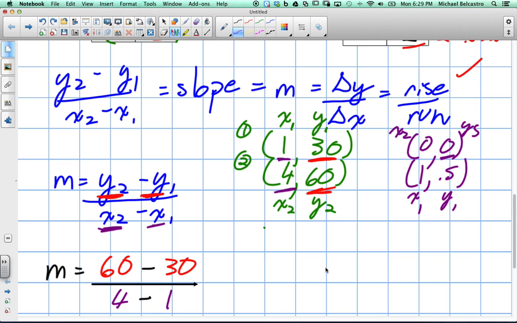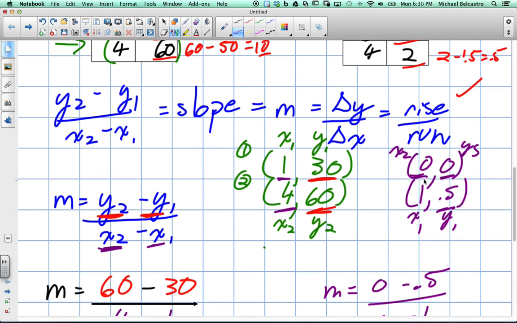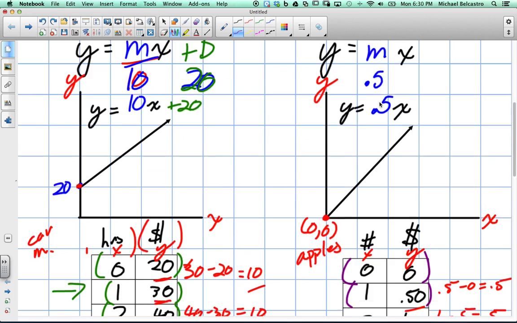So m is equal to 0, subtract 0.5 over 0, subtract 1. That gives me negative 0.5 over negative 1. Anything divided by 1 is the number on top, and a negative divided by a negative is a positive, so I get m is 0.5, which is exactly what we found when we did this before.